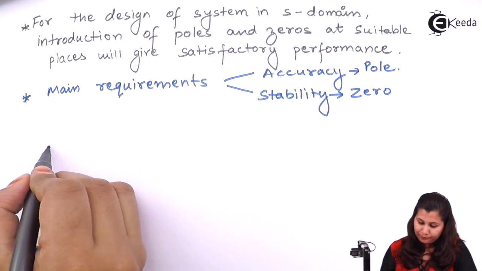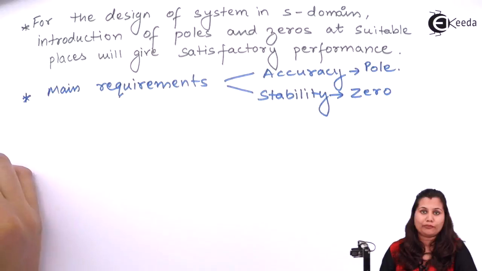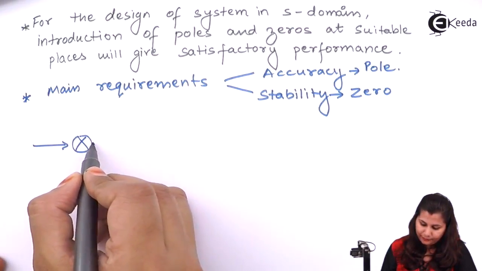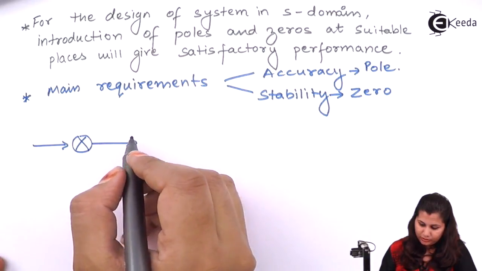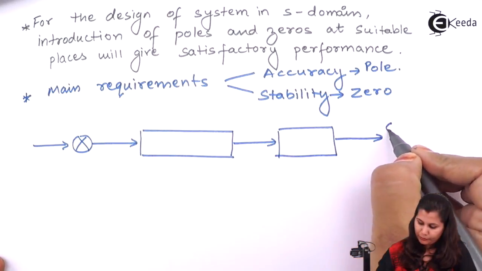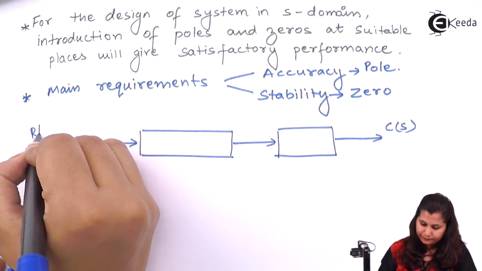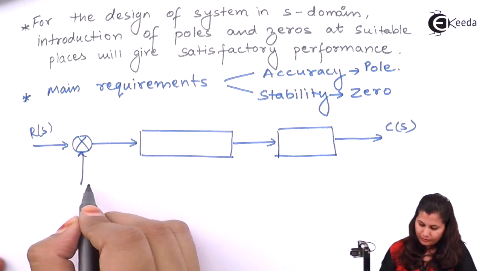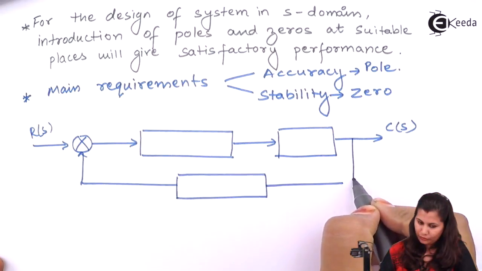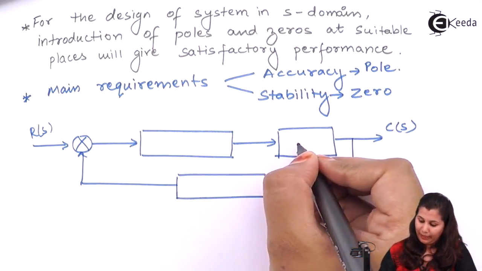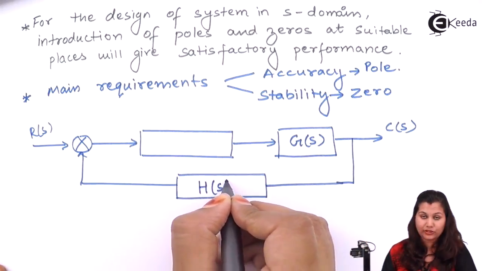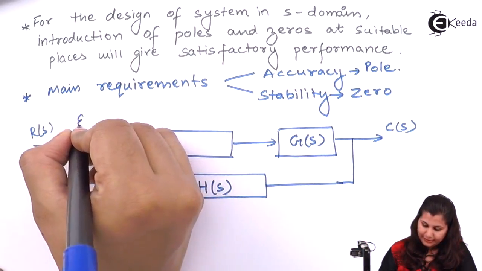If you see the block diagram of a control system, first we have the error detector, then we have the plant, this is our output, and this is our feedback. So the transfer function of the plant is G(s), and the transfer function of the feedback loop is H(s), and this is our error detector.